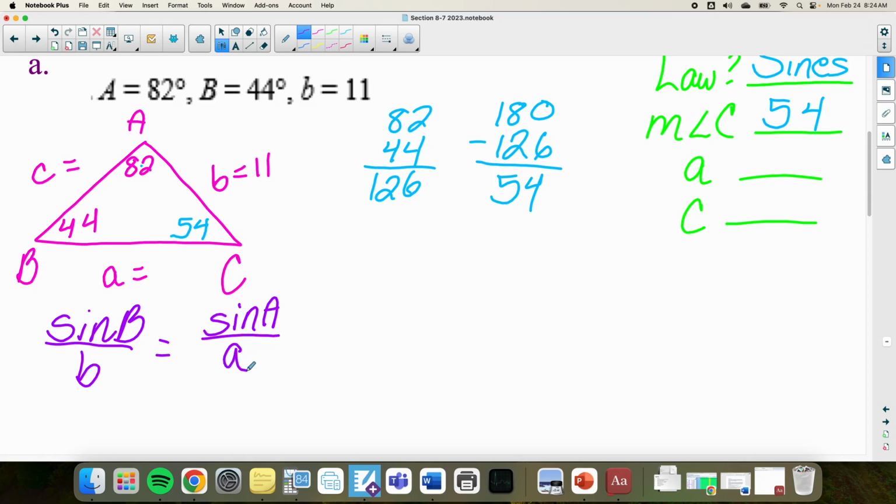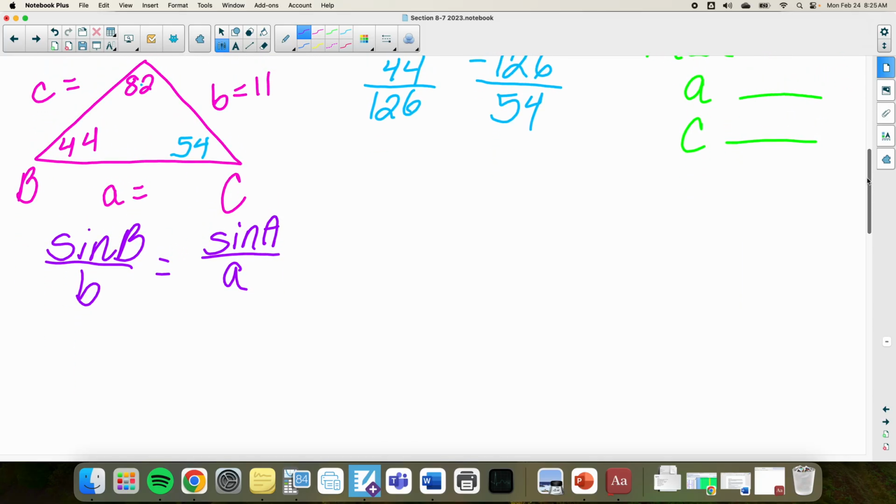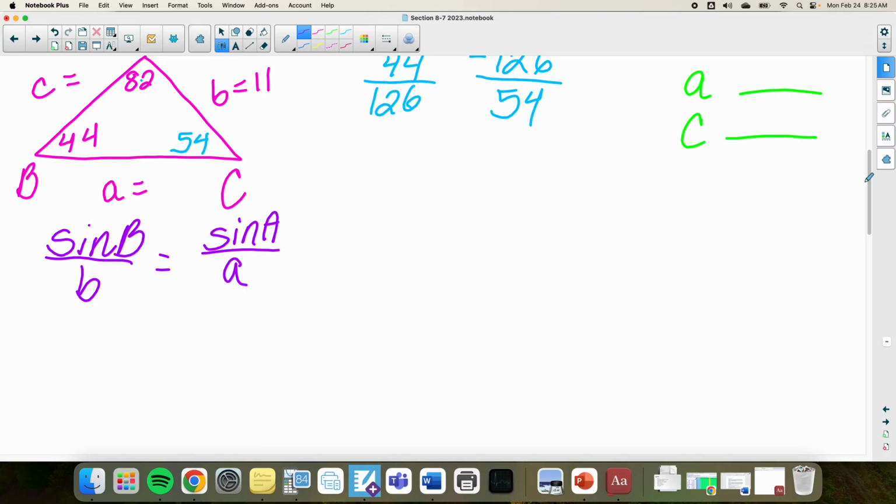Or maybe you want to keep with how cosines is and do the smaller of the two angles left. Either way is fine. So now I'm going to go sine of 44 over B, which is 11, equals sine of A, which is sine of 82 over little a.